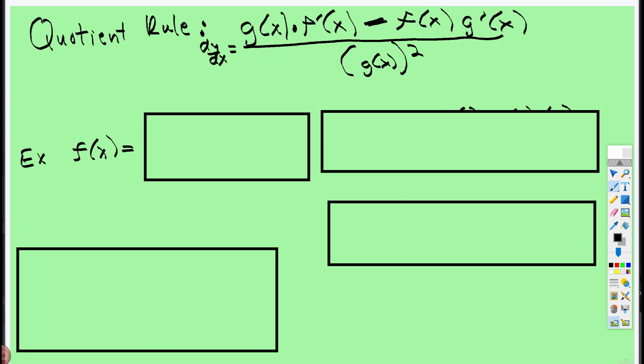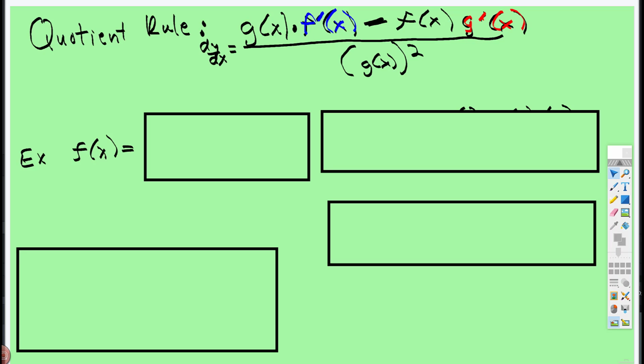The quotient rule is similar, except now it's the g times the derivative of f. Subtract, not add, but subtract the original f times the derivative of g. And that entire thing is going to be divided by the original g squared.